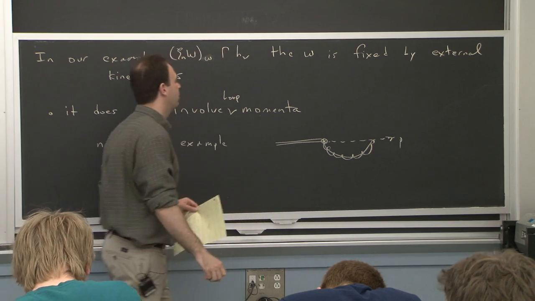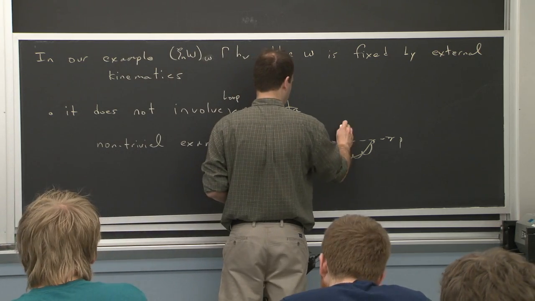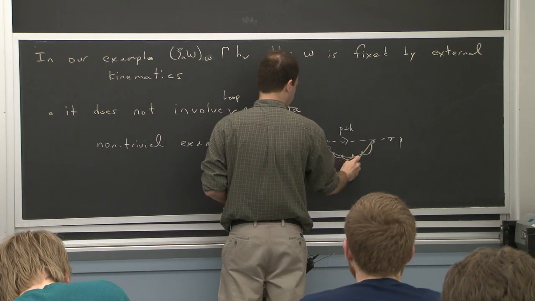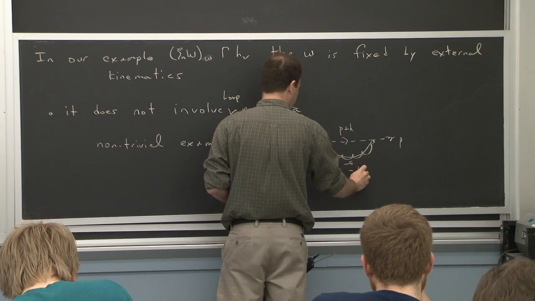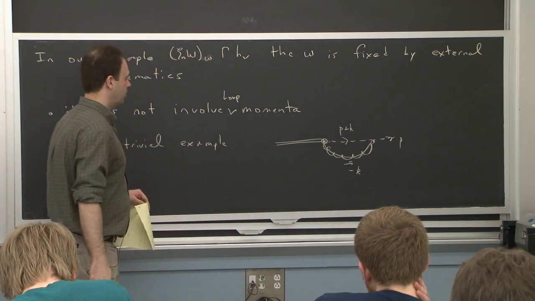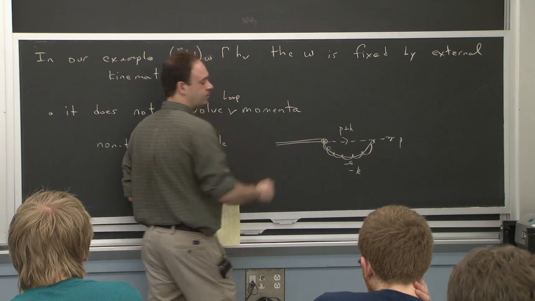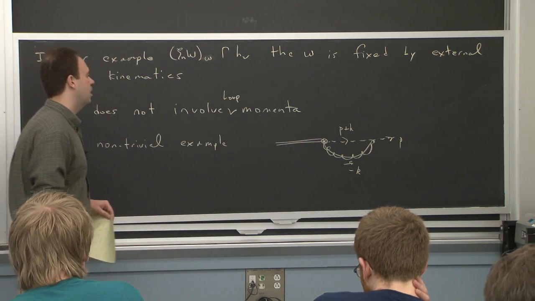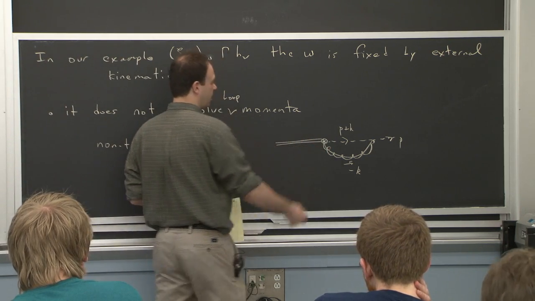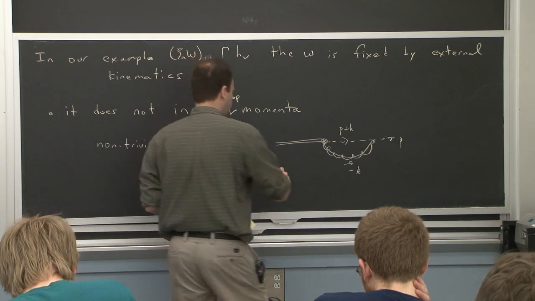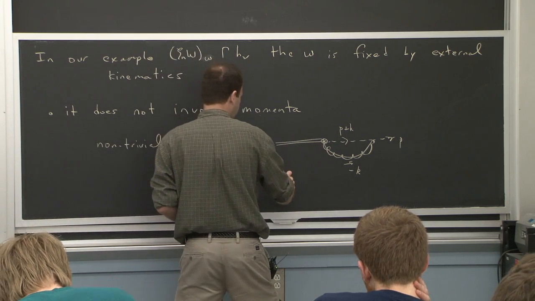So we called the external momentum here P. This was P plus K, and if I let this guy go this way, we can call it minus K. You see, the Wilson coefficient sits here at the vertex, and it acts on the collinear fields that come out of that vertex. But it gives the sum of the momentum of those collinear fields.